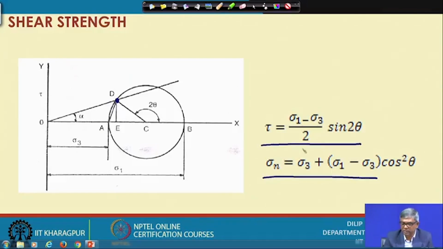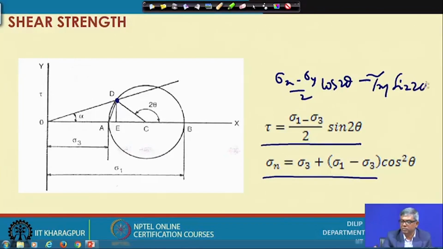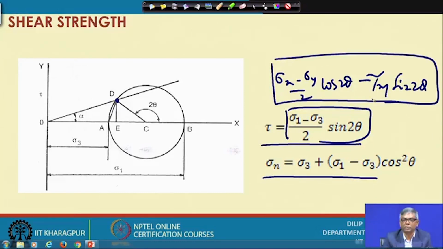Obviously this is the initial form we got, but this form can also be trigonometrically simplified, and it can be written as sigma x minus sigma y by 2 cos 2 theta minus tau x y sin 2 theta. So if you simplify trigonometrically, you will get this form also.